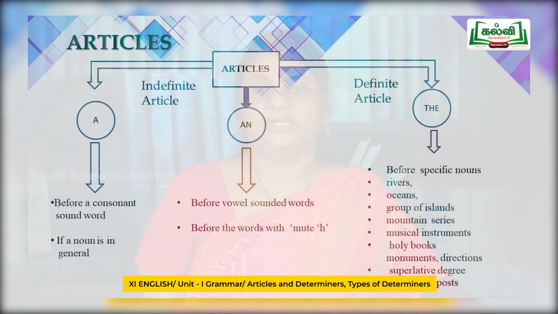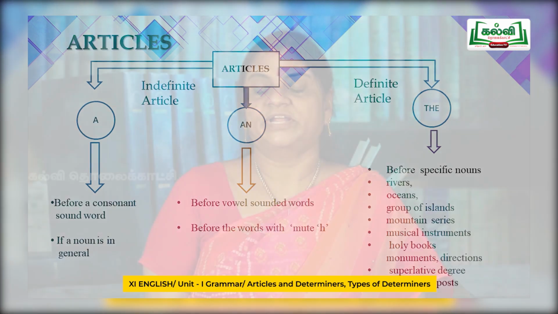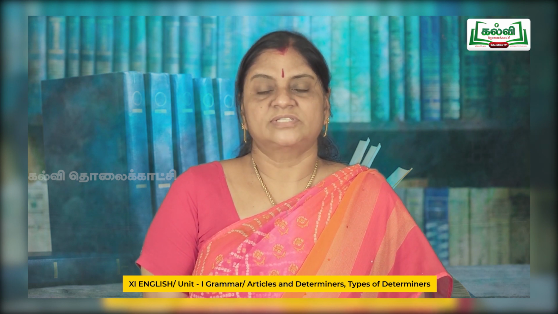Let us see the first one, articles. Articles are of 2 types. One is the indefinite article, another is the definite article. A and an are indefinite articles. The is the definite article. A comes before a consonant word. If a noun is general and also singular, we use the indefinite article a.